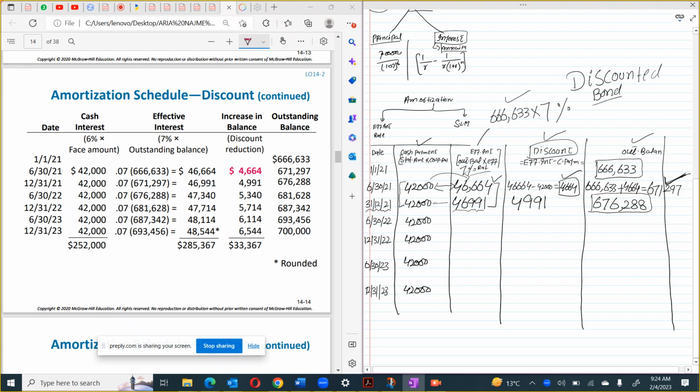So what will you do? You will record this amount in the balance sheet. You will record the interest expense in the income statement, and you will record the cash payment of these 42,000 plus 42,000.